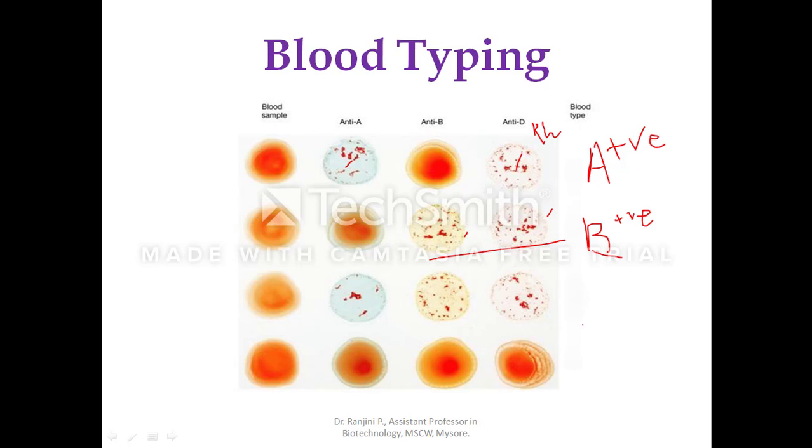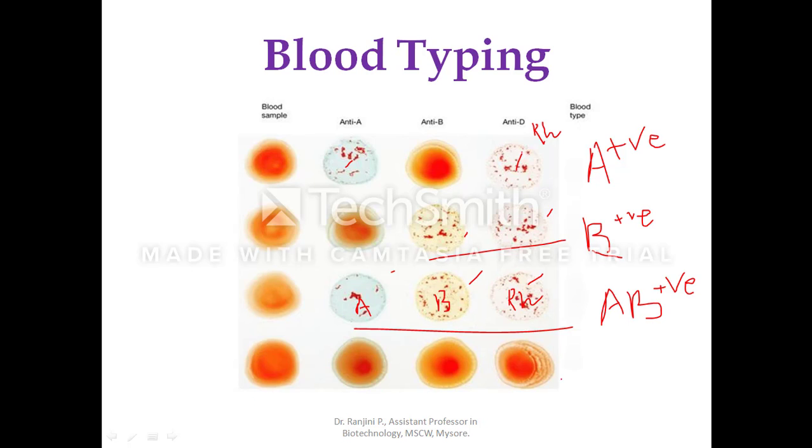In case of AB positive blood group, you have the clumping in the A circle, B circle and the D circle, because the blood cells have the A antigen and the B antigen on the surface of the RBC, and in addition they also have the Rh antigen, due to which you will find the clumping of the blood in all the 3 circles.